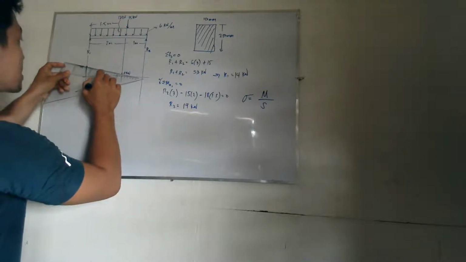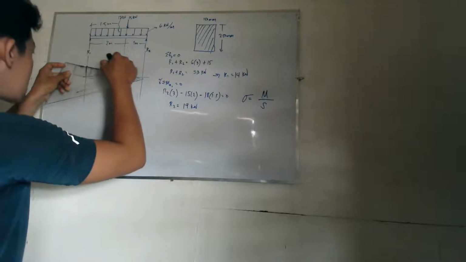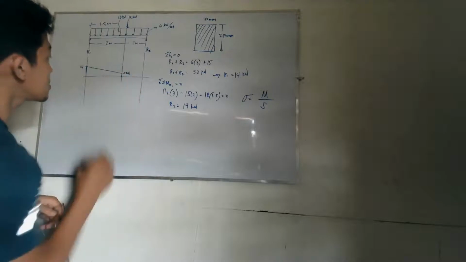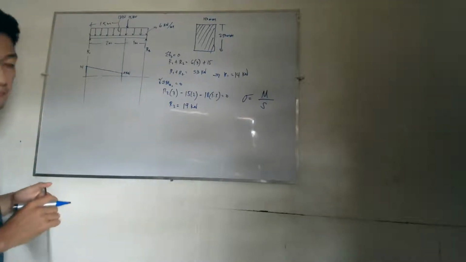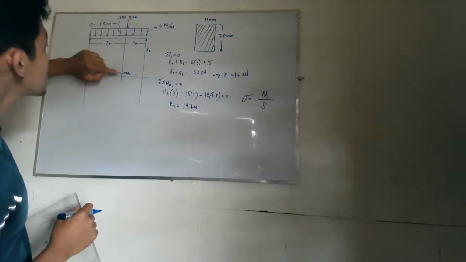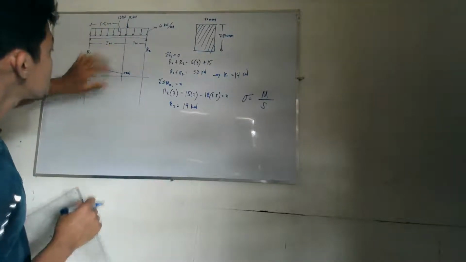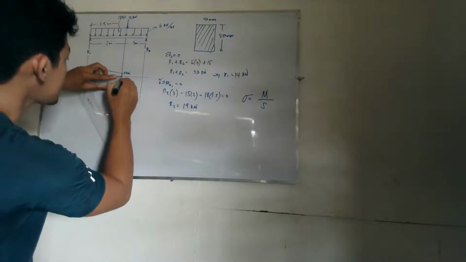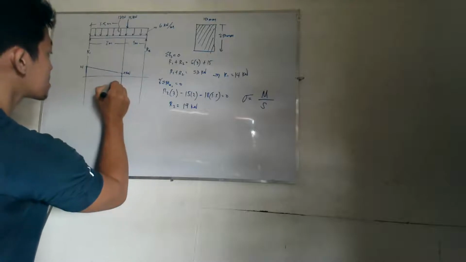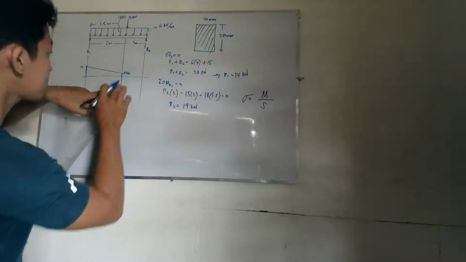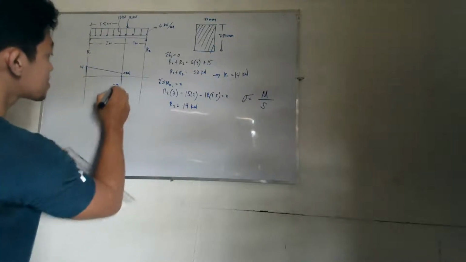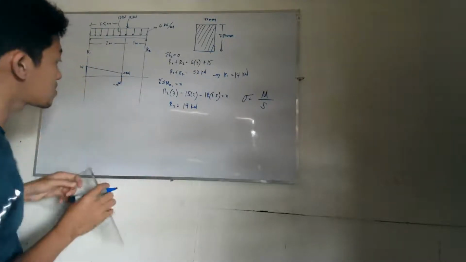Ana siya, no? Dapat master naman pagbuhat sa shear and moment diagram. And then naog 15. So 2 mag-add na lang ka og 13, negative 13 kilonewton.